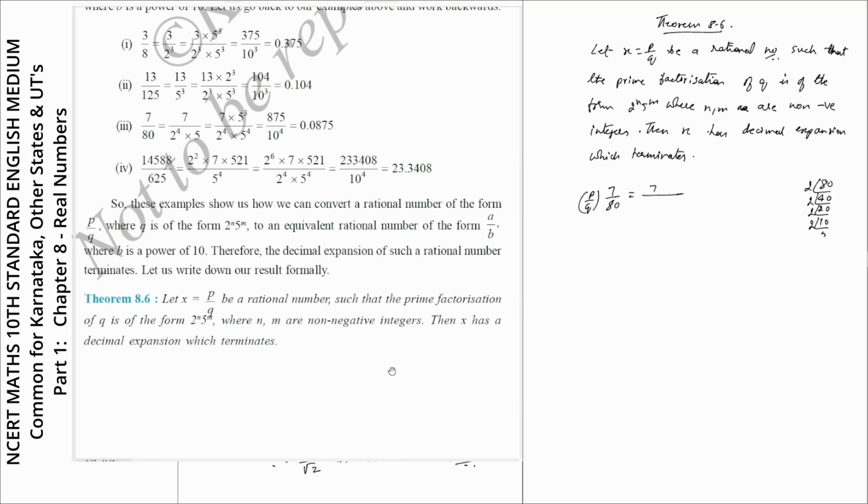Now 2 fives are 10. So I can write this as 2 into 2 into 2 into 2 into 5. So this again I can write as 7 by, 2 multiplied 4 times, that means 2 to the power of 4 into 5.